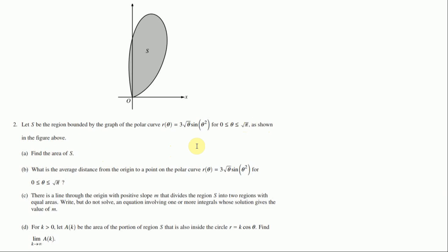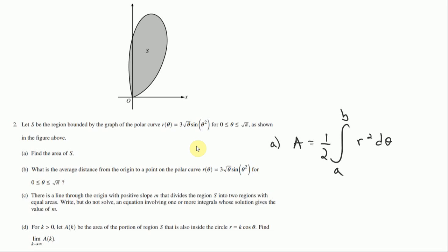So let's do that. Recall the polar area. In polar, this is part A, area is equal to 1/2 of the integral from A to B of r squared with respect to theta.